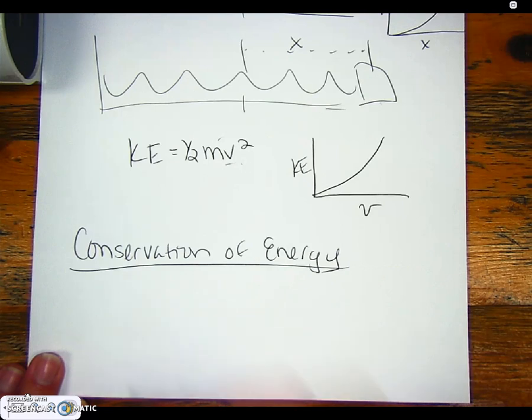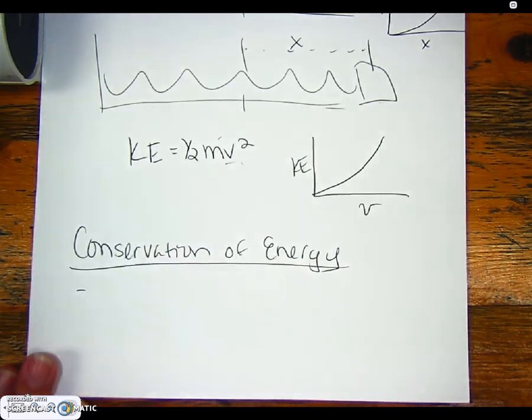However, when we're talking about mechanical energy, unless the system is completely isolated, mechanical energy isn't necessarily always conserved, right? But if we're ignoring friction and any sort of external factors, we can say that energy is conserved within a mechanical system. But again, remember, if there ever is some sort of loss of energy, it is because of friction or the loss of thermal energy.